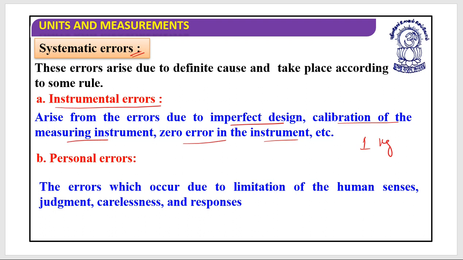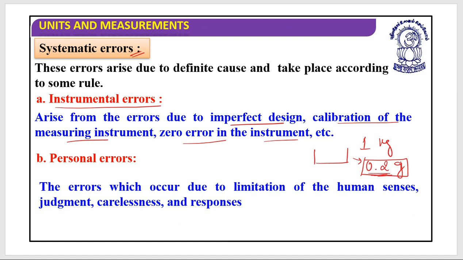The shopkeeper has not placed anything on the weighing machine, but the reading shows, let's say, 0.2 gram, though he has not put anything. As soon as he has not put anything on the weighing pan, even though it is showing 0.2 gram, this is an error.